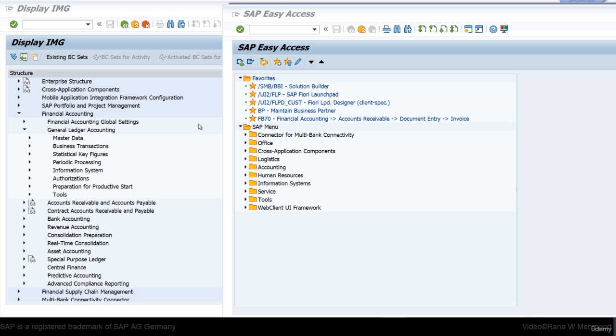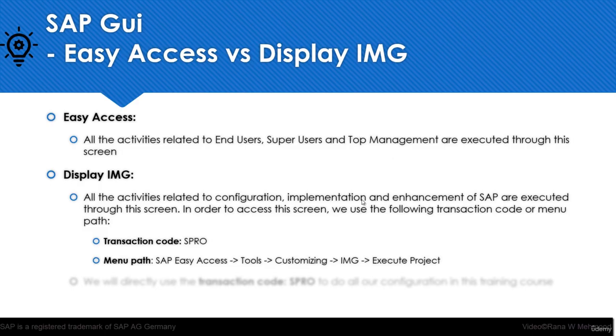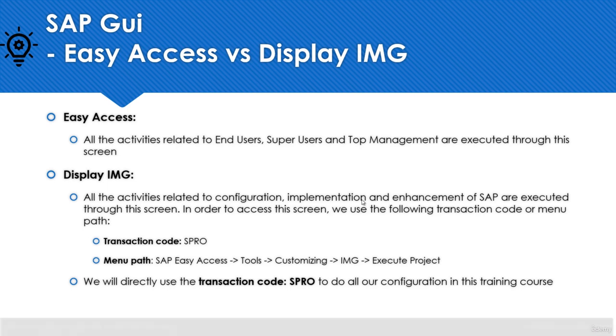No, we still have to configure the system through this Display IMG screen, because I believe that SAP Fiori apps do not provide all the options to configure the system. So we will directly use the transaction code SPRO to do all our configuration for SAP S/4HANA sourcing and procurement in this training course.